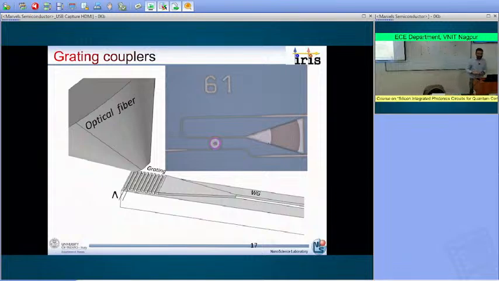But the second point is that you see that here the lines of the grating are not vertical, but they are curved. Why? Partially good, the answer.